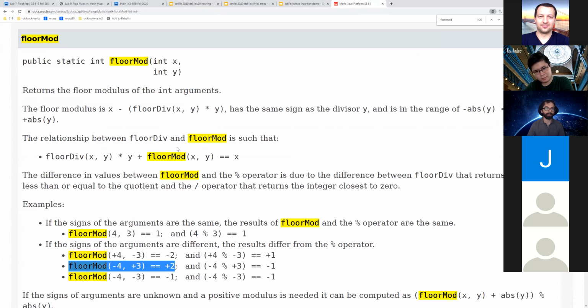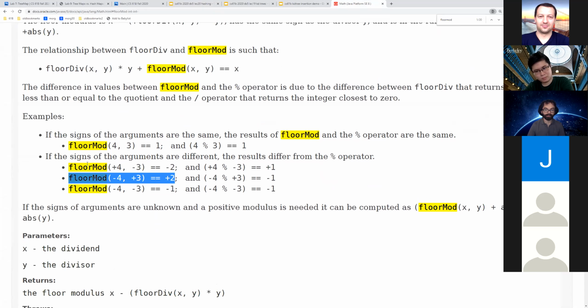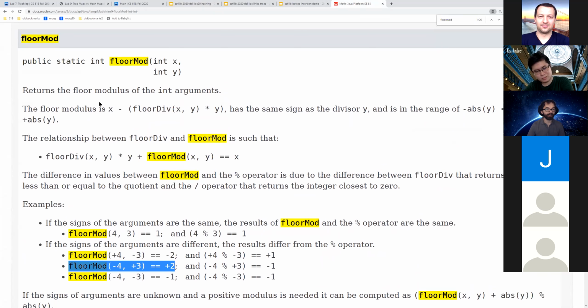Correct. And what's the mathematical function that does that? They give it in terms of floor div. But you can derive a closed form expression for it, and you understand what it's supposed to be conceptually.